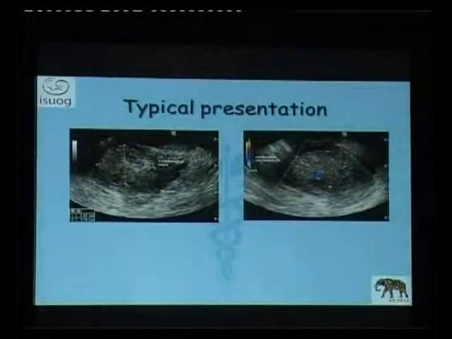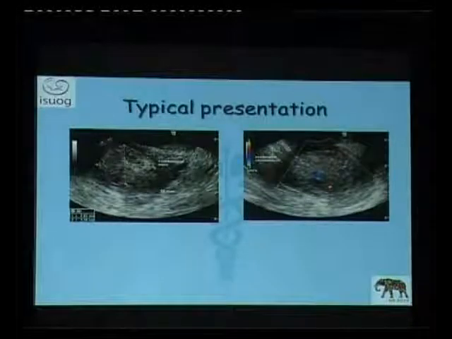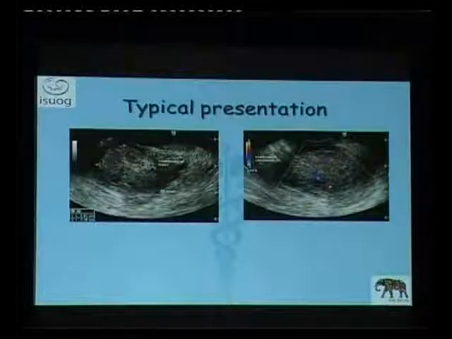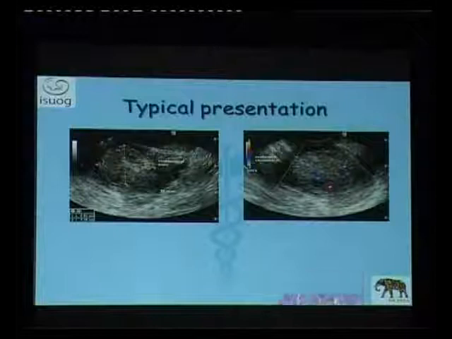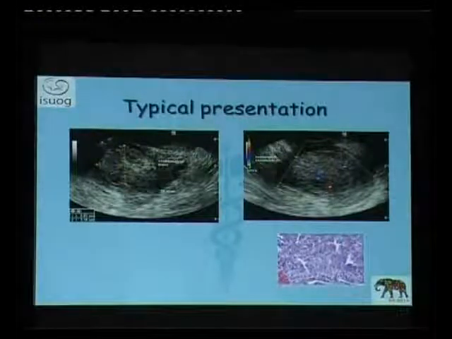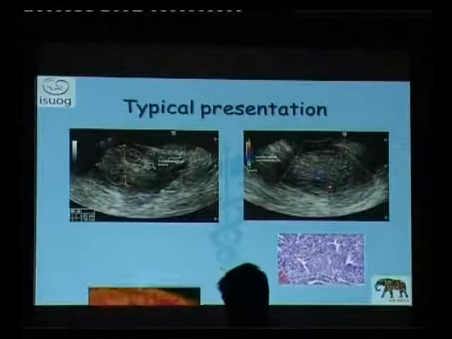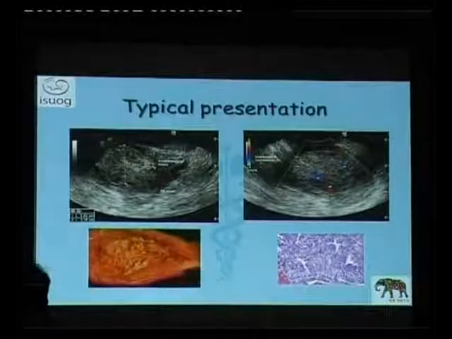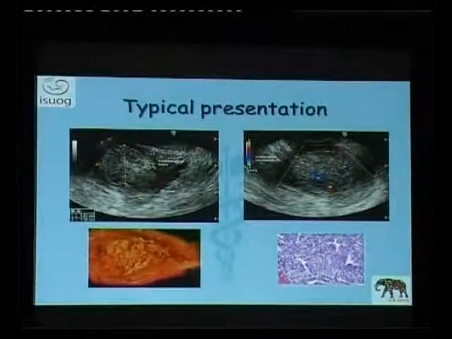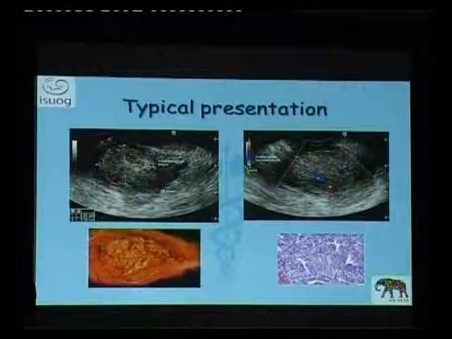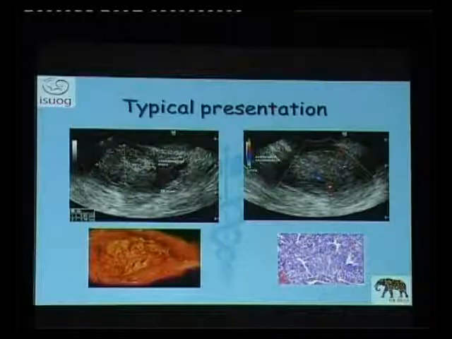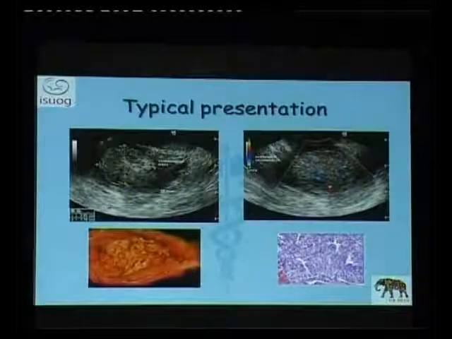Color Doppler showed sparse vascularity, but still there was vascularity in the endometrial lesion. Endometrial biopsy revealed pleomorphic changes, and at hysterectomy we found a cauliflower-like growth within the uterine cavity. This is the typical presentation which we come across in our day-to-day practice.